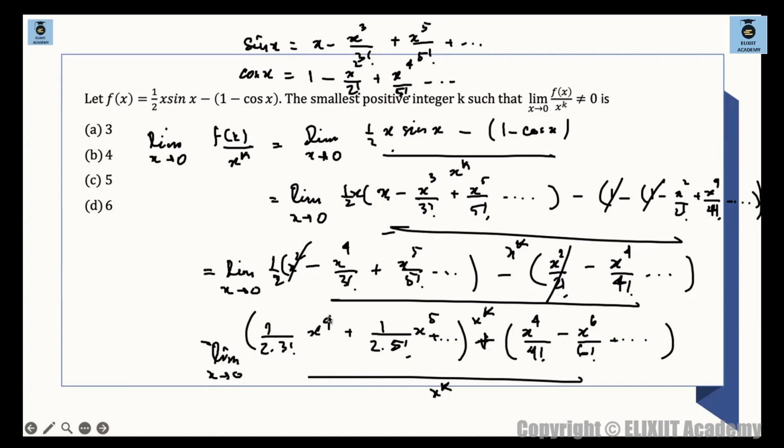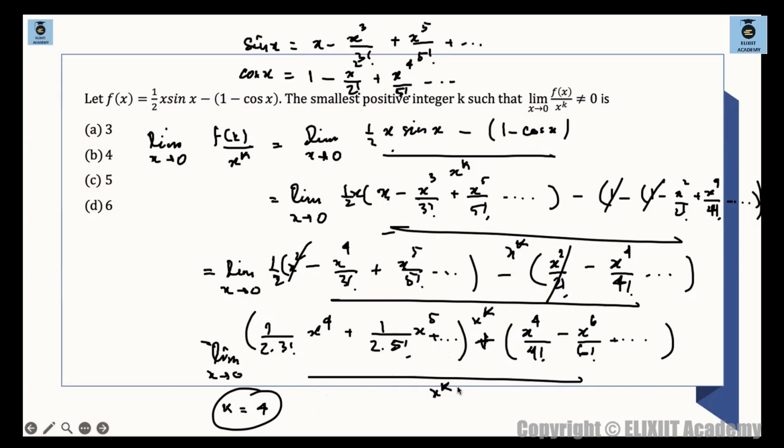So what happens over here is, as x tends to 0, you can clearly see from here, x is tending to 0. So the minimum k has to be 4 in order for this to be a non-zero quantity. Otherwise, if k is not 4, let's say k is 5 or something, okay, k definitely cannot be 3. Focus on the options. k cannot be 3.